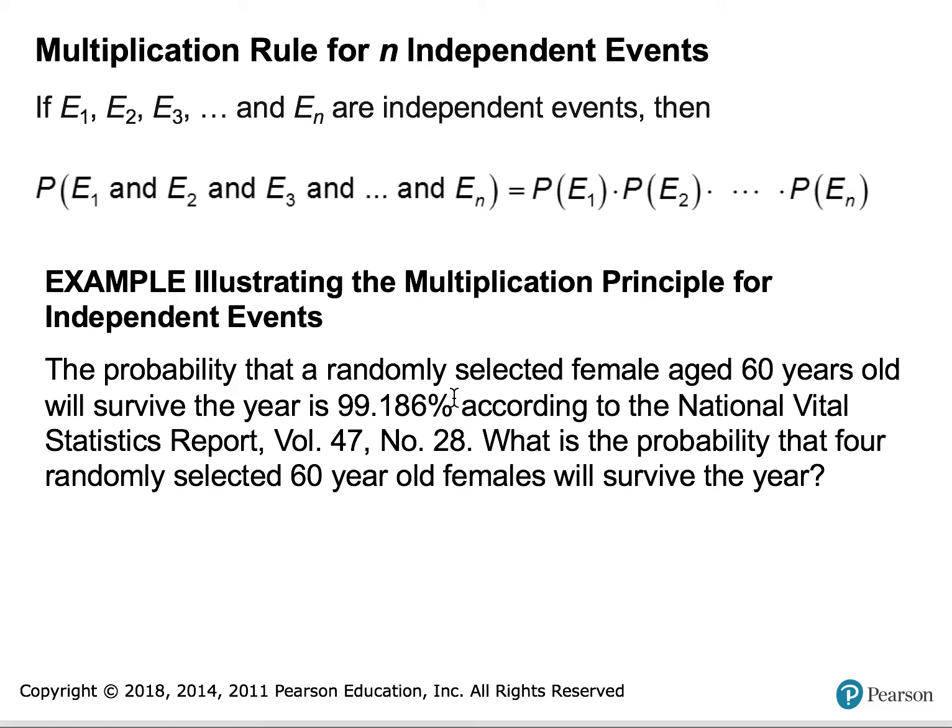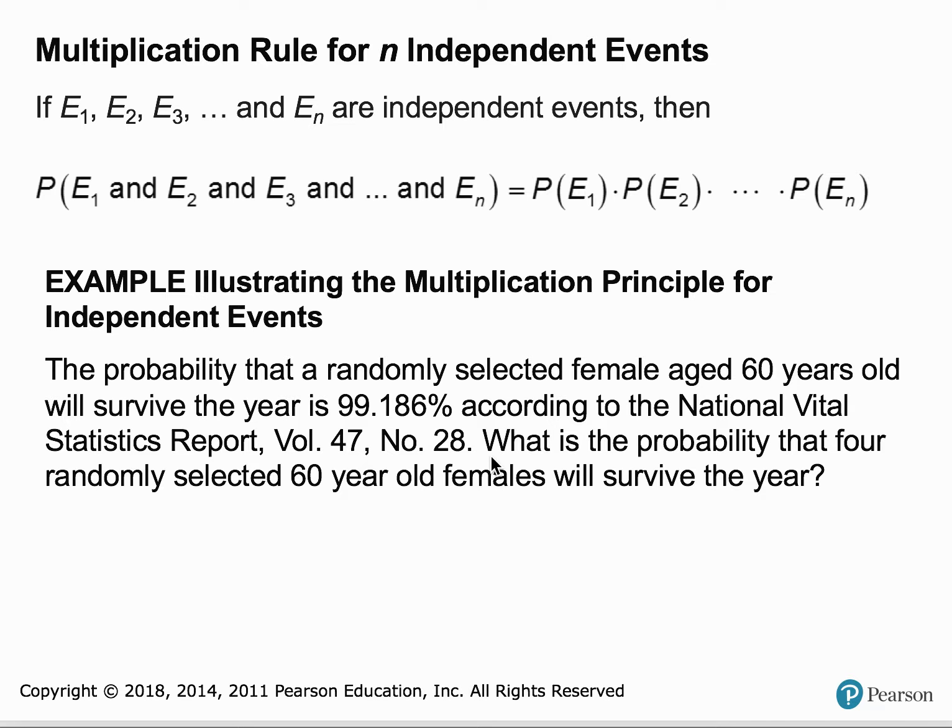We can extend the multiplication rule for 3 or more independent events, just like we did the addition rule for those disjoint events. So if you have multiple events, you just multiply however many that you have. For example, the probability that a randomly selected female age 60 years old will survive the year is this again.